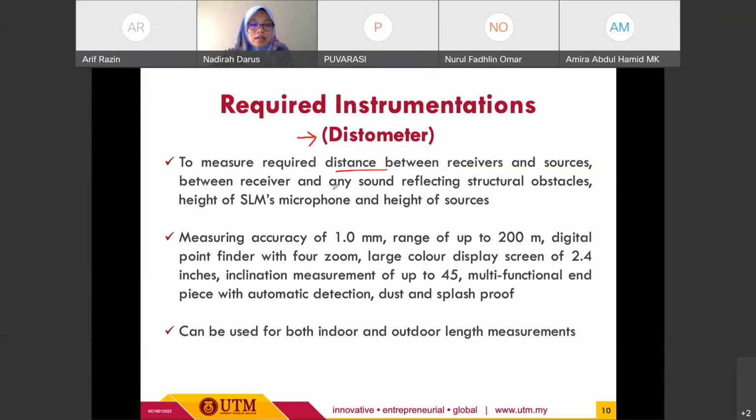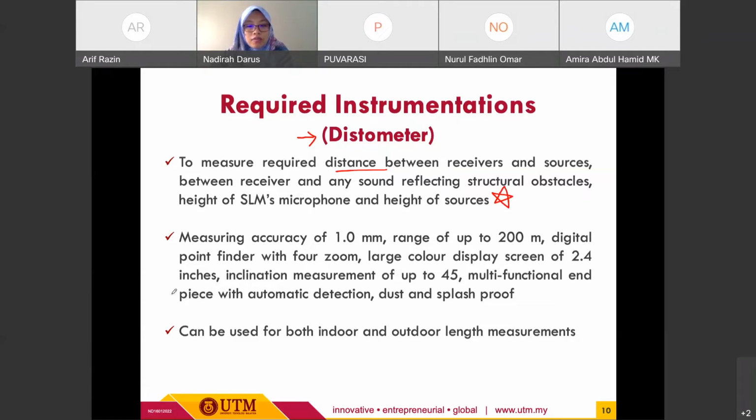And then ada distance such as receiver dengan any reflecting surface, any obstacles, okay, ketinggian sound level meter dengan ground level, and dia punya ketinggian sources itu sendiri. Okay, so in terms of dimensioning, height, distance, length, semua kita akan menggunakan distometer.